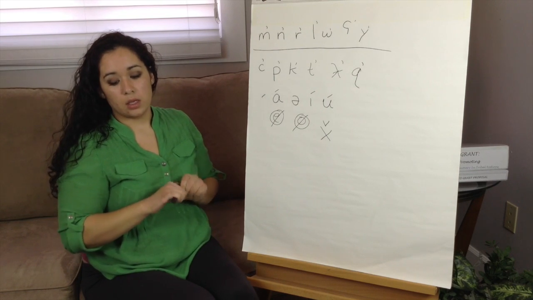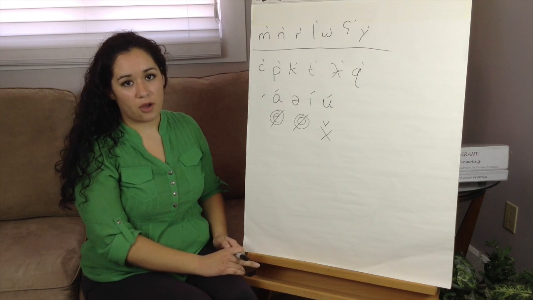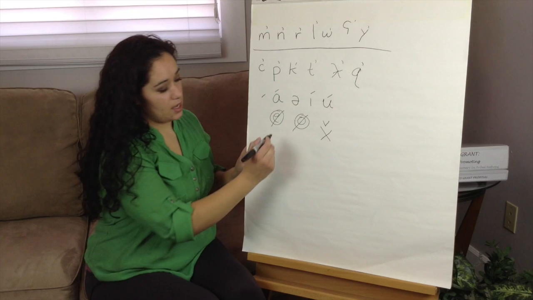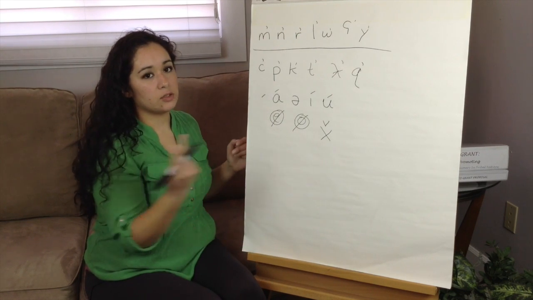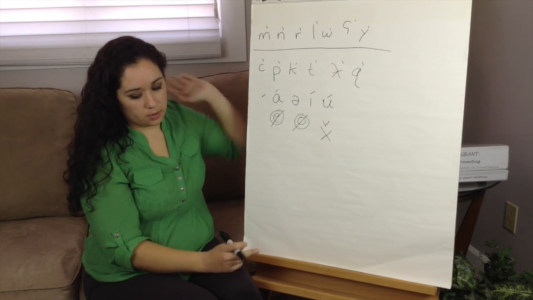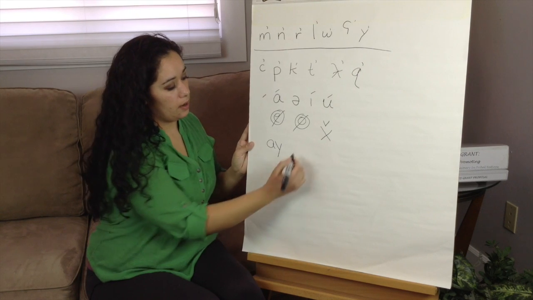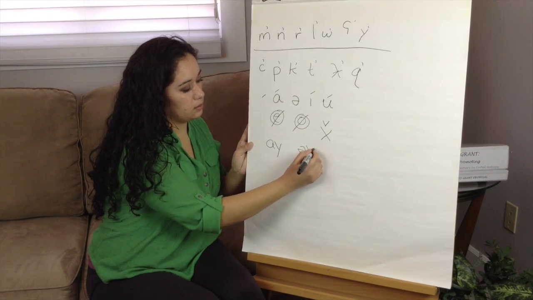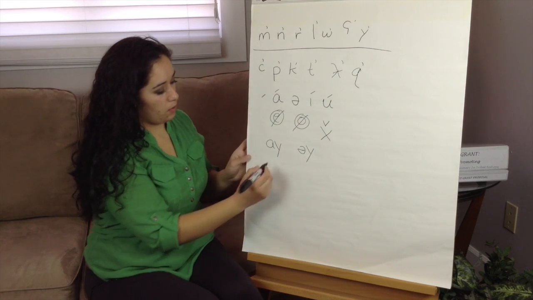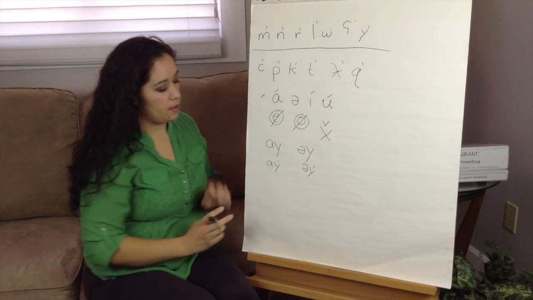Okay. So the next thing I wanted to talk about is something called diphthongs, which is one of my favorite linguistic words. And basically what a diphthong is, is two letters that come together to make one sound. So in Salish, these are two basic diphthongs. There's the AY and the Schwa Y, or you can even have them glottaled like that.